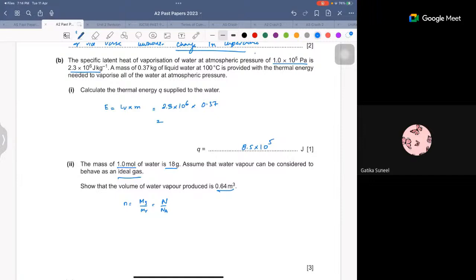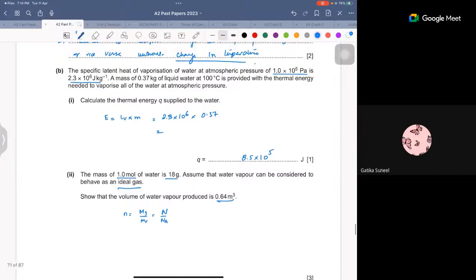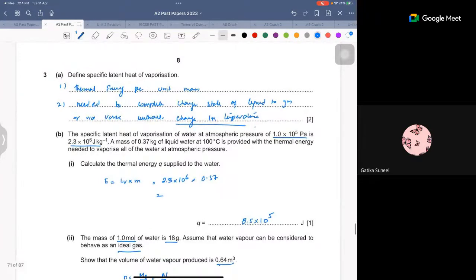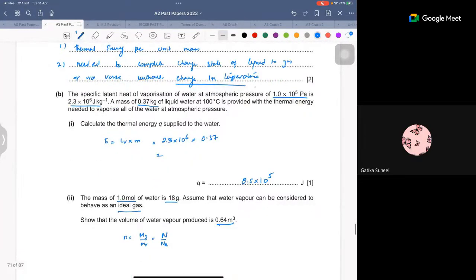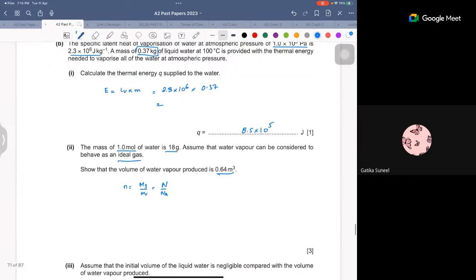So the thing is, we need to change this. This is the mass in kg. So 0.37 kg is equivalent to 370 grams, right? This is not Mr, this is like 18.